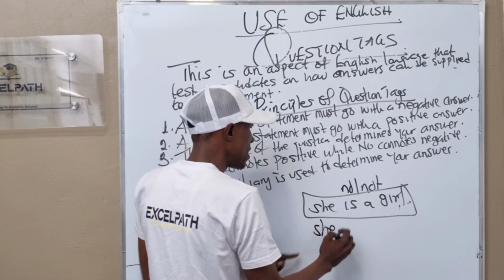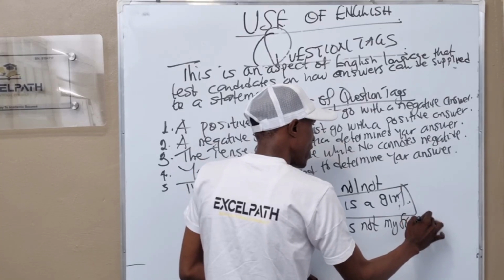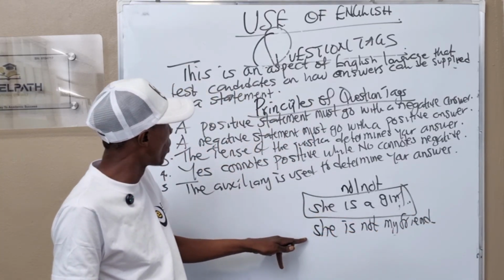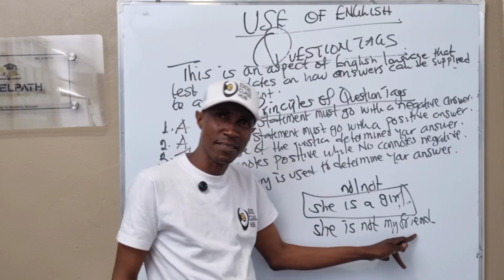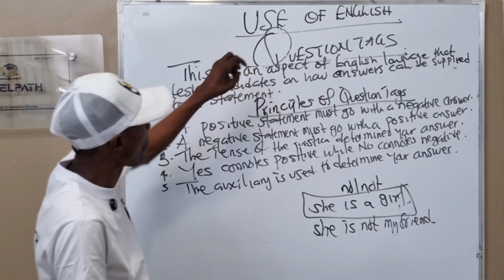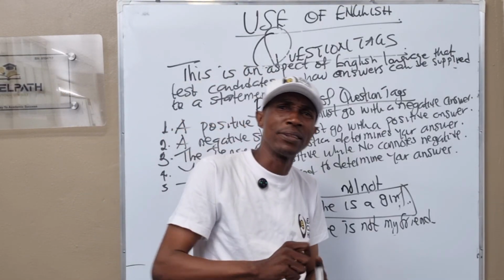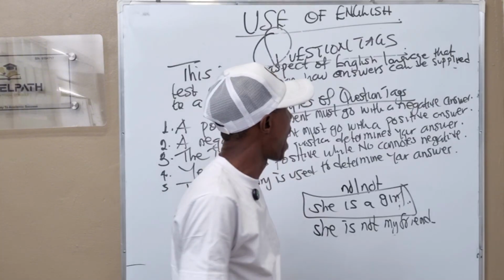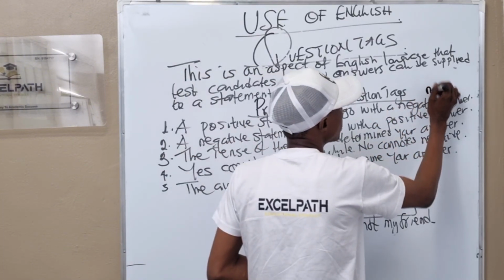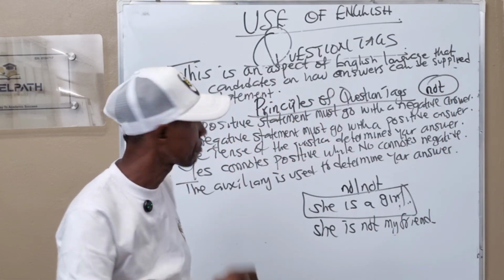But if you say that she is not my friend, this connotes a negative statement. Now, we are told that if the question is positive, our answer is going to be negative. How will our answer be negative? It means our answer must have a word called not.